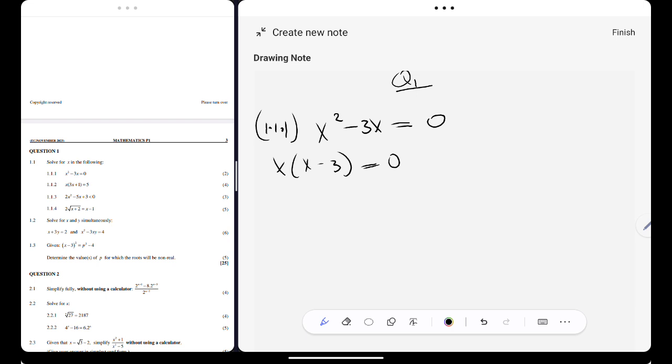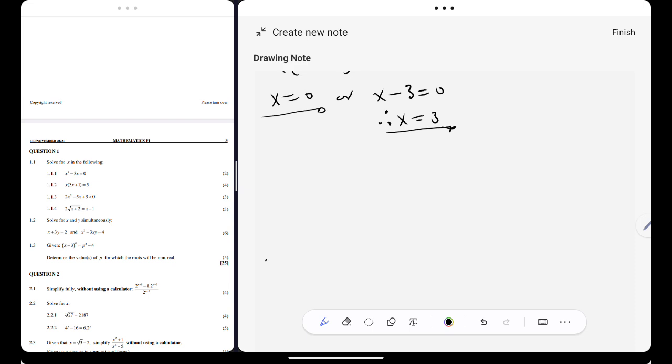Whenever I have two things multiplied and the answer is 0, it simply means the first thing is 0 or the second thing is 0. Therefore x is 3 or x is 0.